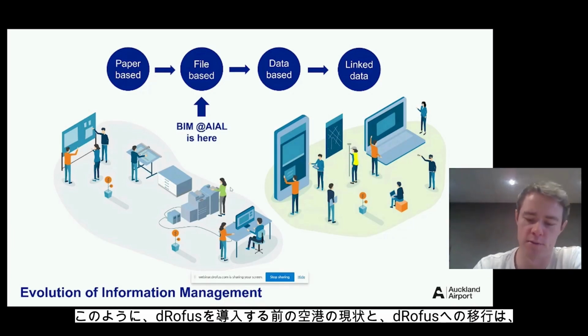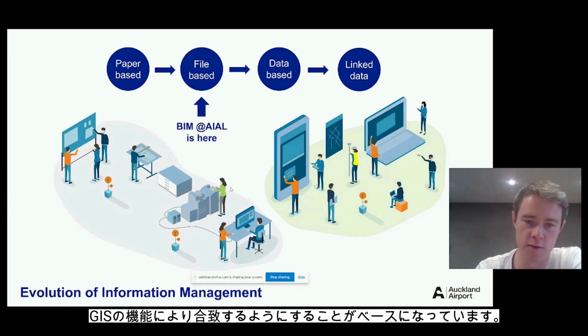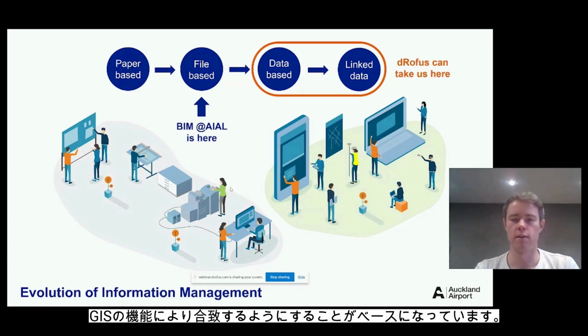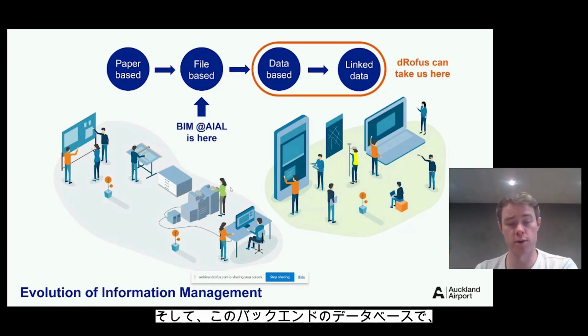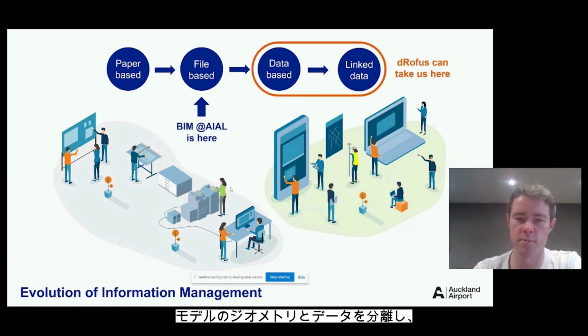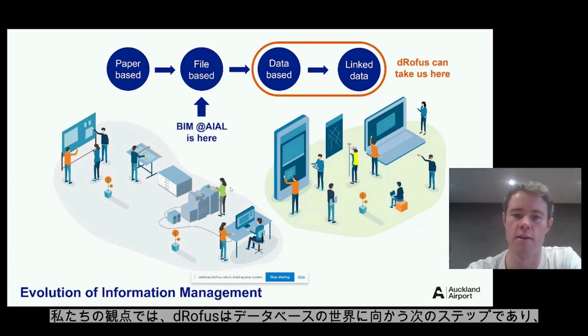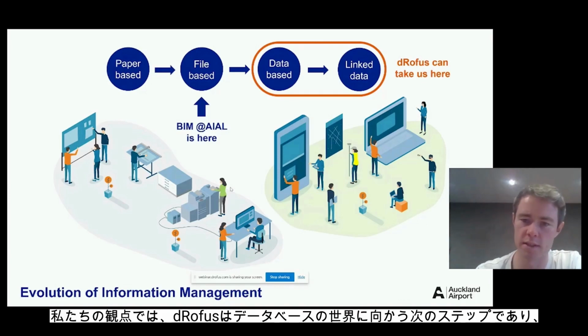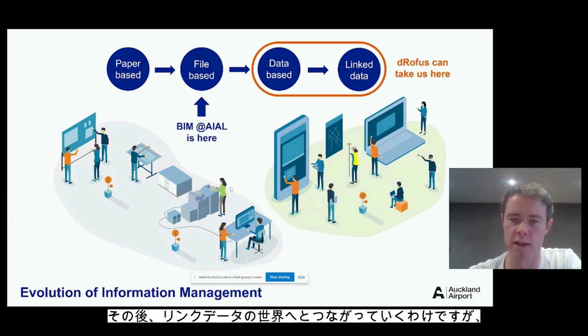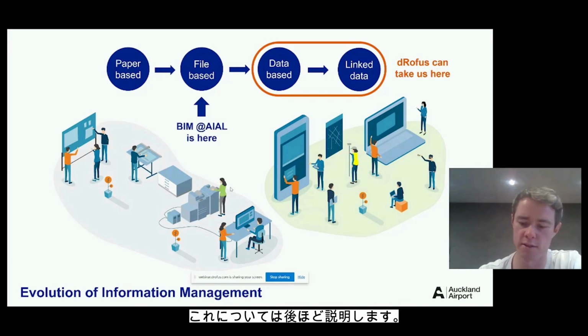So this is where we currently are at the airport prior to dRofus, and the shift to dRofus is based on trying to align more with the way that GIS works and having this back-end database where we can separate the model geometry from the data and have the data managed in a database. So from our perspective, dRofus is the next step in terms of moving towards the database world, and that will then lead us into a world of linked data, which I'll go into shortly.